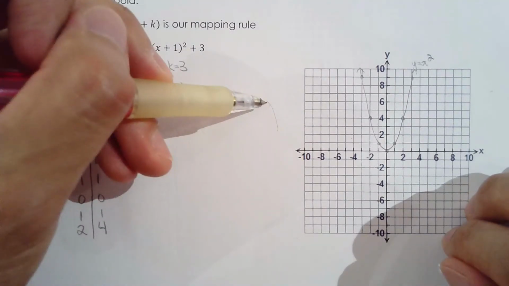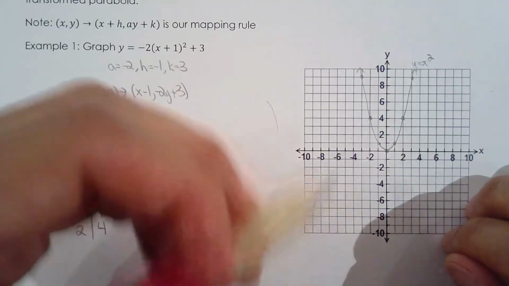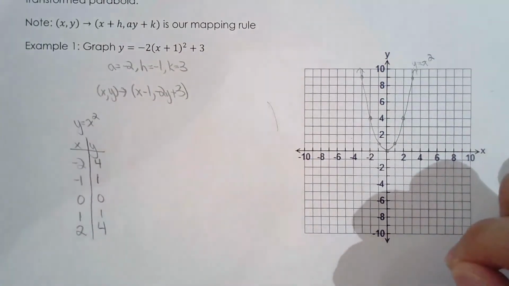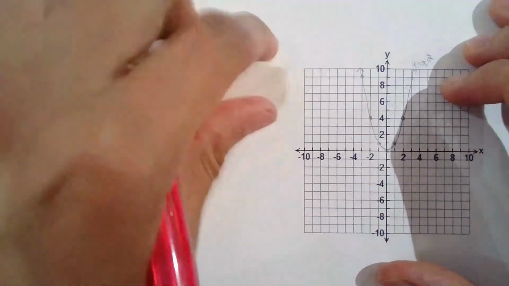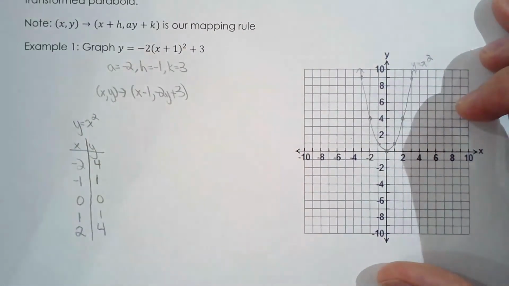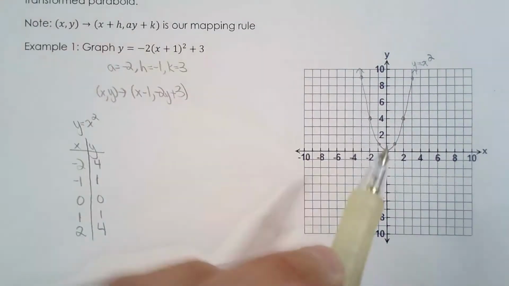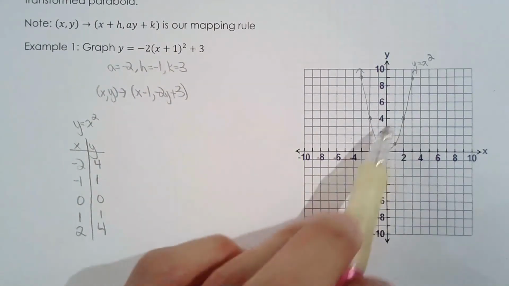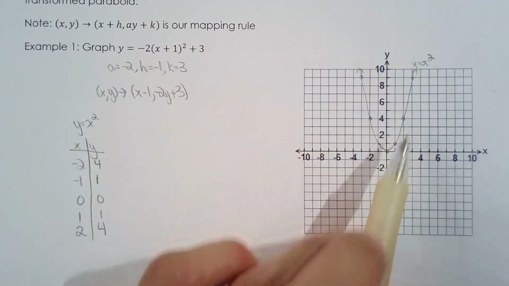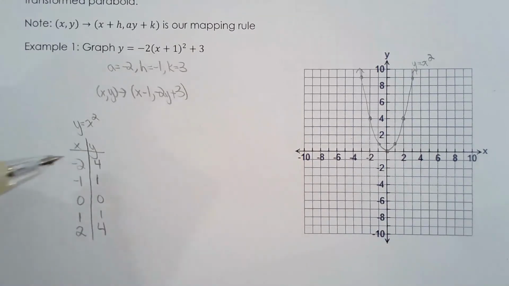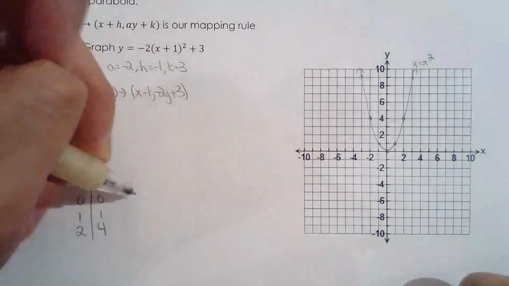You want to grab these 5 points. So when you transform these 5 points, you get a beautiful parabola, the nice key points that will allow you to sketch a very nice parabola. Okay, so that's why whenever we transform the original y equals x squared parabola, these are the 5 points we use: the center of the parabola, 2 points left of it and 2 points to the right of it. It makes sense.